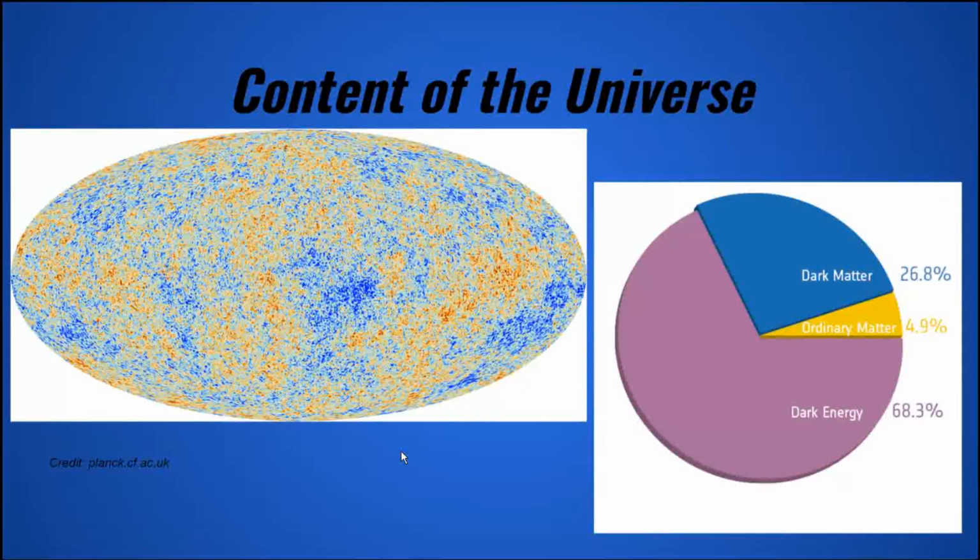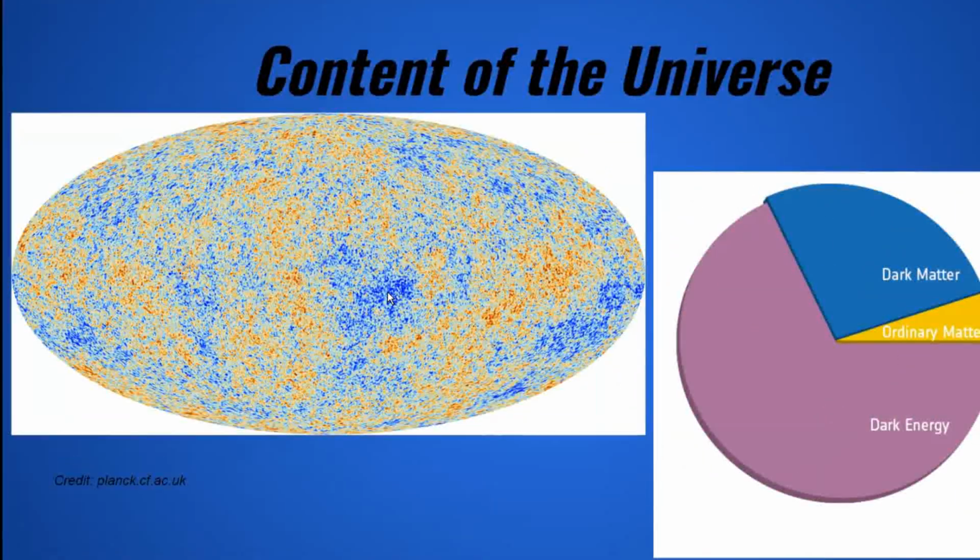Yeah, so we know the universe is a big place, there's a lot of stuff in it. This is the cosmic microwave background, which kind of tells us the distribution of mass around. And we can see it's quite uniform, considering that the red and the blue, so the maximum fluctuation in density is 10 to the minus 5, 0.0001.